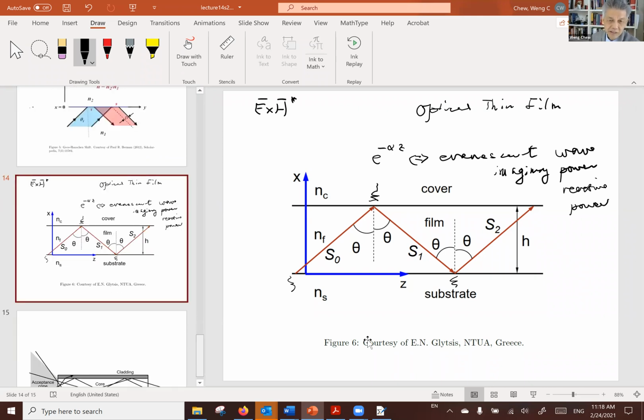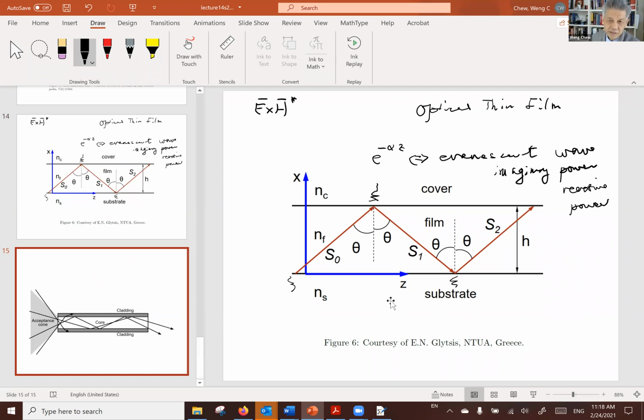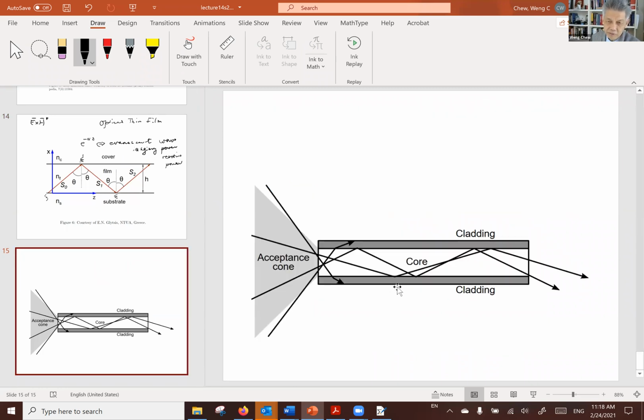You can also use this kind of thing in an optical fiber. You have to recall now that the physics of evanescent waves comes only from phase matching. So if you have this optical fiber, the wave that travels in the z direction has to be something like this.